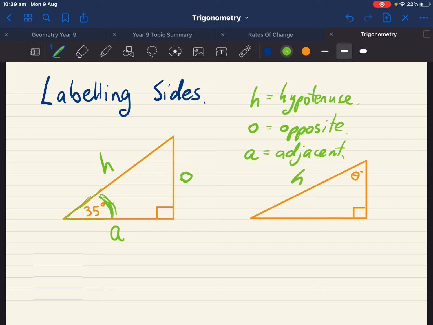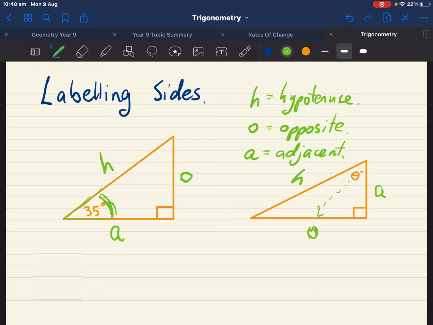That's our hypotenuse there. I'm going to put a H there. For our two shorter sides, again looking at where our included angle is for this triangle, the side that is opposite, which is the one down here, would be our opposite. The one that is next to it is our adjacent. And that's how you label sides.